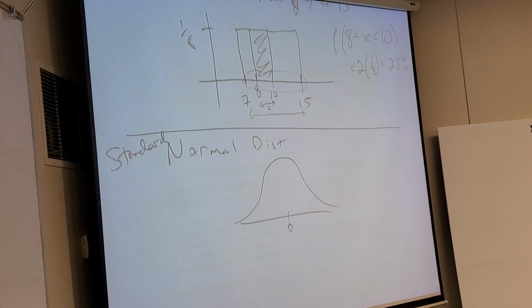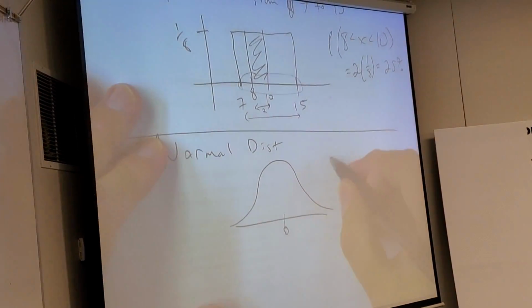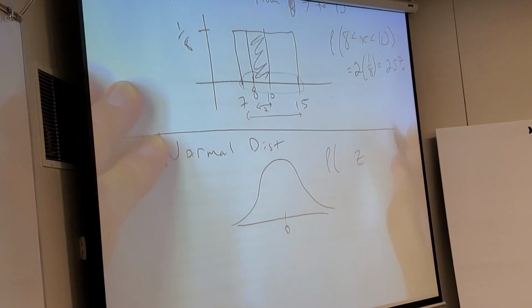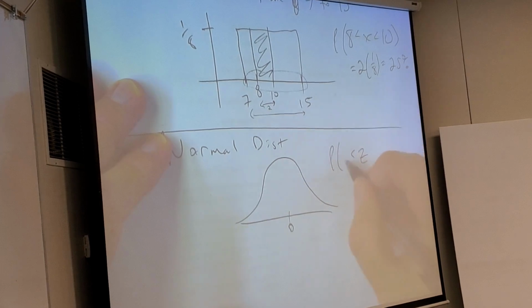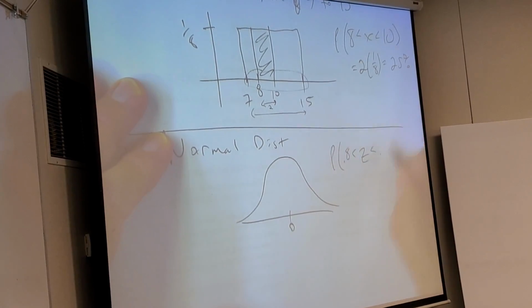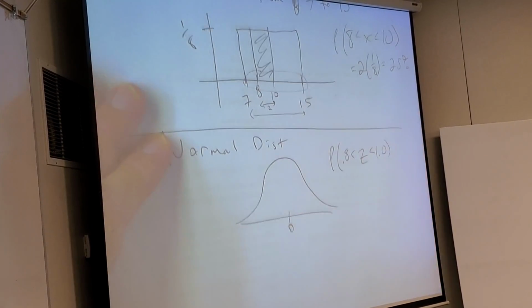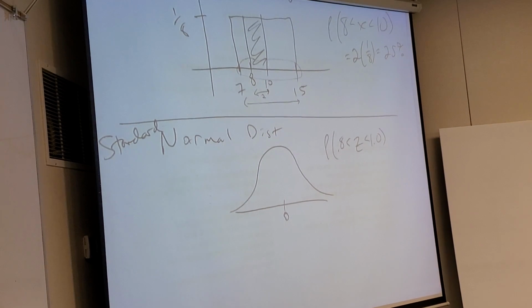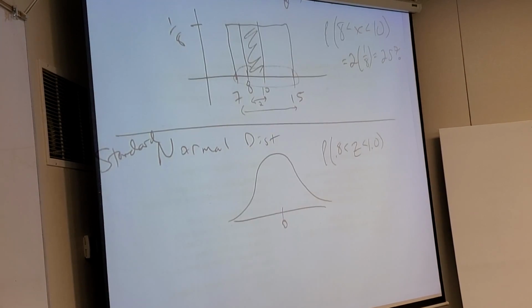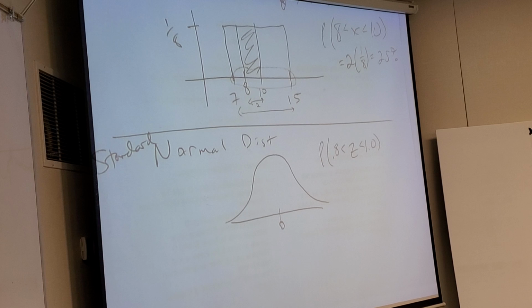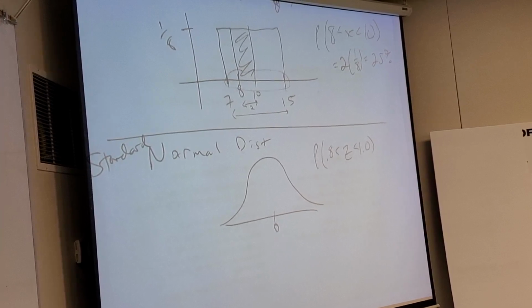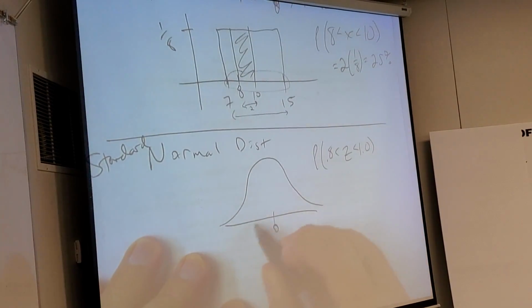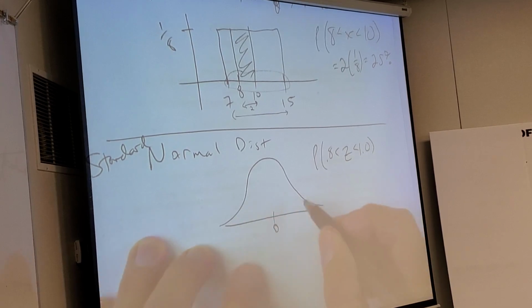That's amazing. So what if I want to know what's the probability that a z-score is between 0.8 and 1.0? Can I graph that on the picture? Where would 0.8 be? This is the part that kind of drives me crazy.